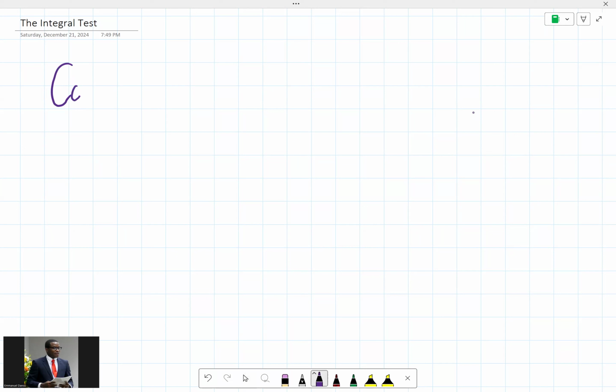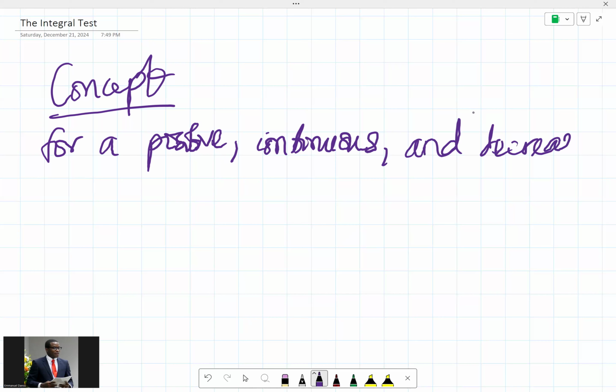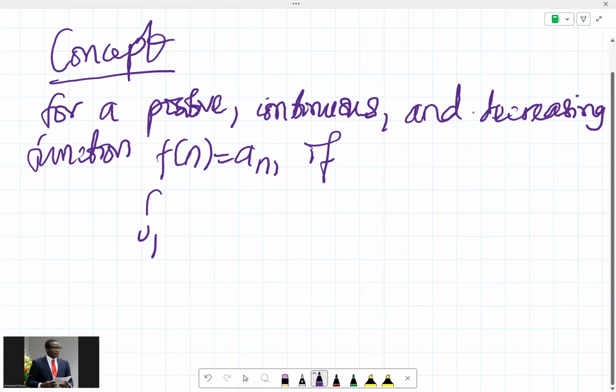The concept of the integral test is something like this: for a positive, continuous and decreasing function f(n), which is equal to a_n, then, let me write that aside.